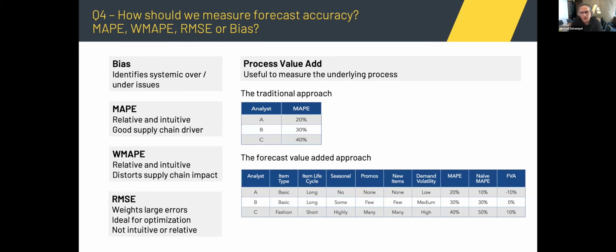MAPE in and of itself is just one metric, but improving MAPE fundamentally isn't your goal here. Your goal is to improve the overall financial effectiveness of your supply chain and customer service effectiveness, and those are the metrics you need to keep your eyes on.